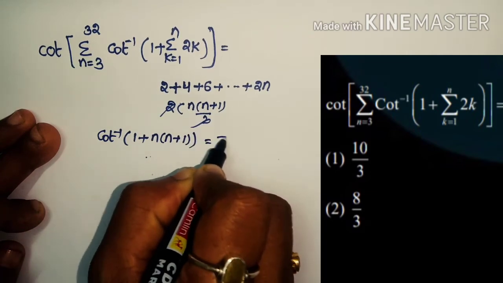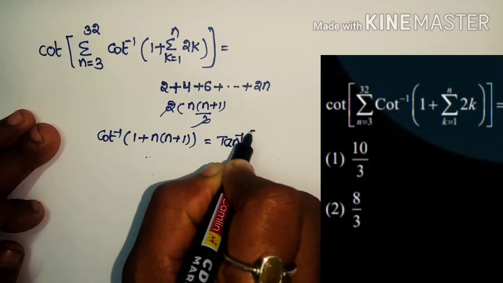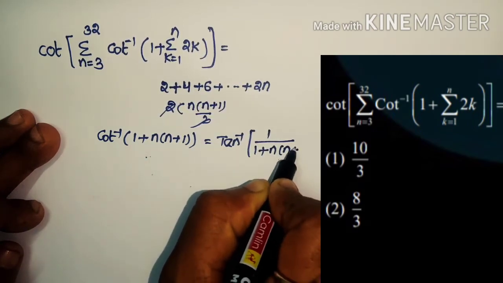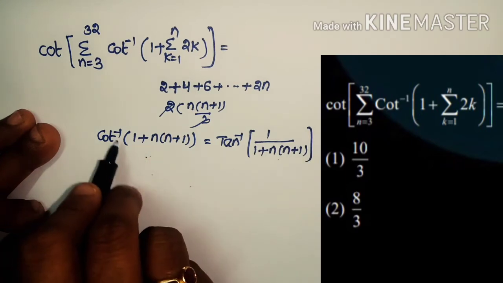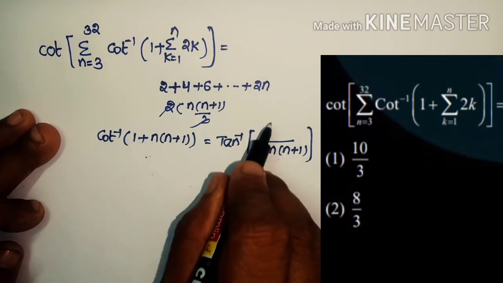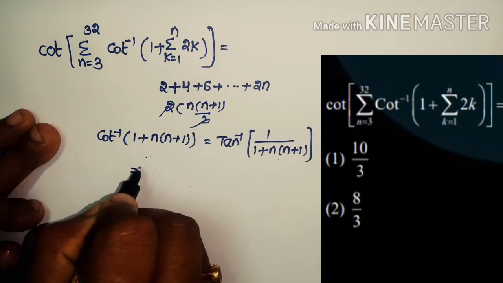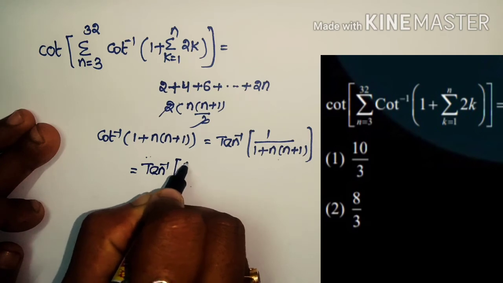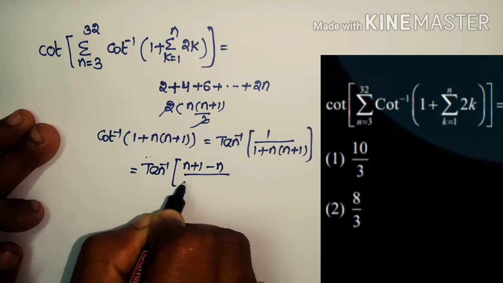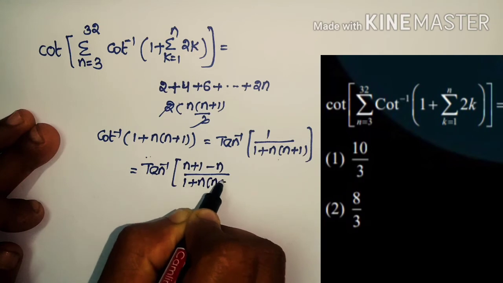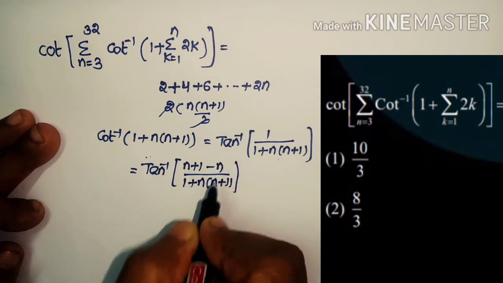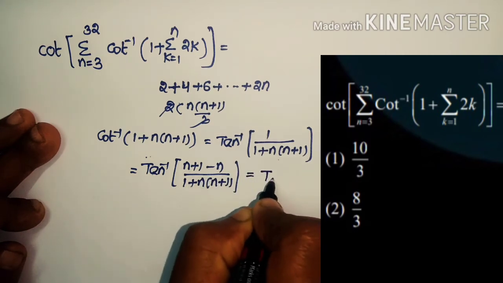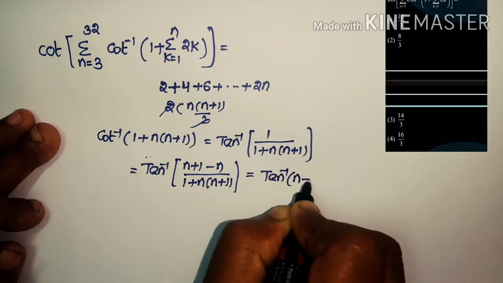And this is equal to tan inverse of 1 by 1 plus n into n plus 1. We know that cot inverse theta is equal to tan inverse of 1 by theta. In the next step we are writing this term as tan inverse of n plus 1 minus n by 1 plus n into n plus 1, which is in the form of tan inverse of x minus y by 1 plus xy, and this is equal to tan inverse of n plus 1 minus tan inverse n.